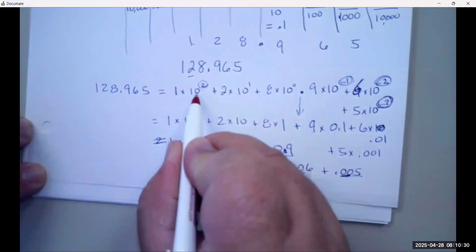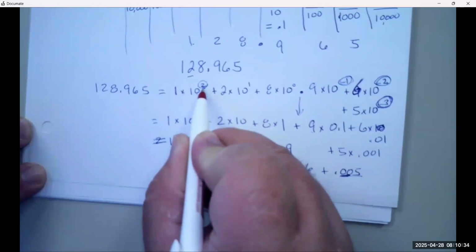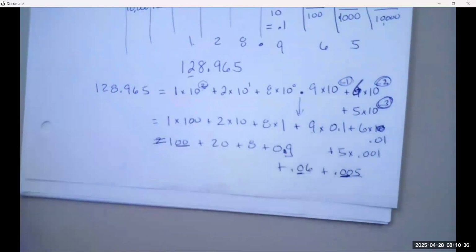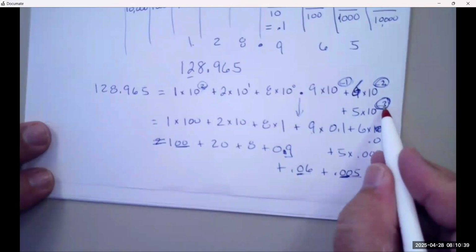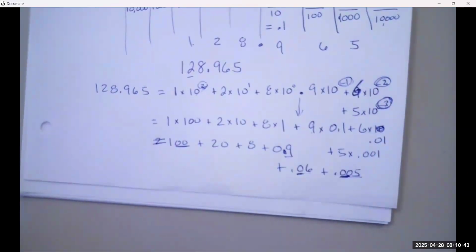This one has a negative 3, but I only have 2 zeros. Why is it not the same number of zeros? It is because of the placement of the decimal. What do you mean?